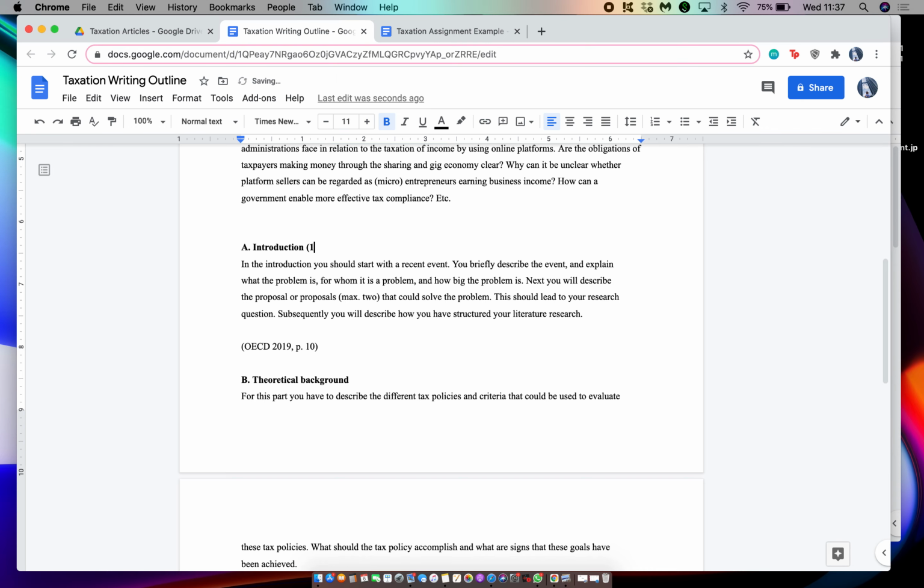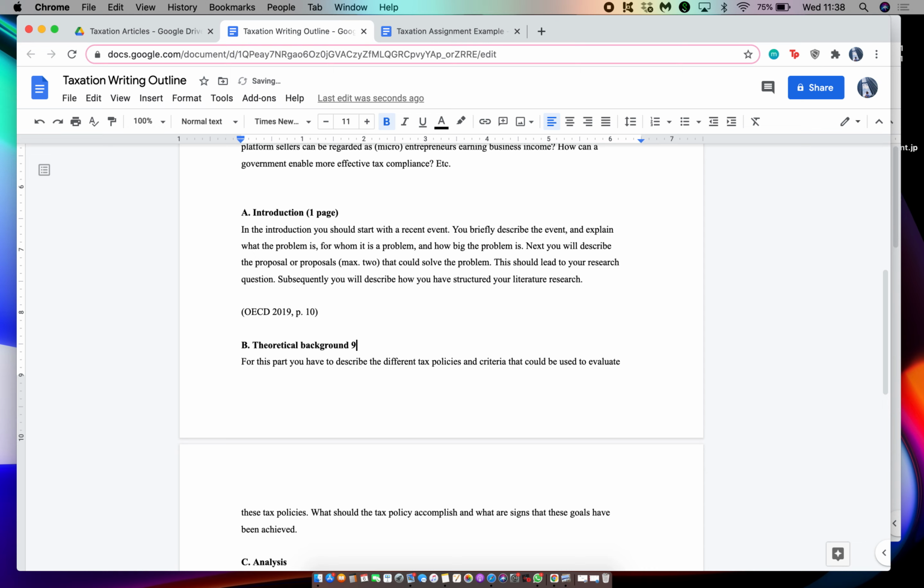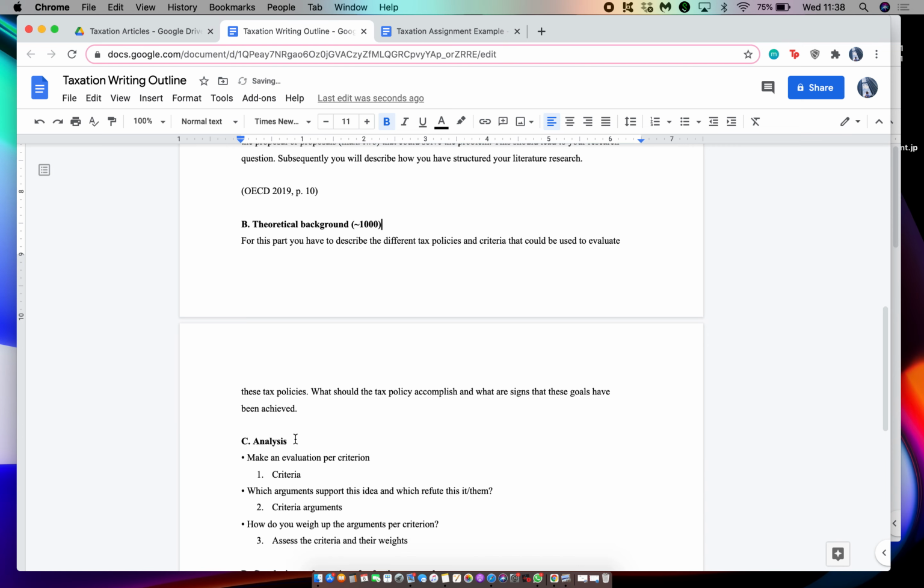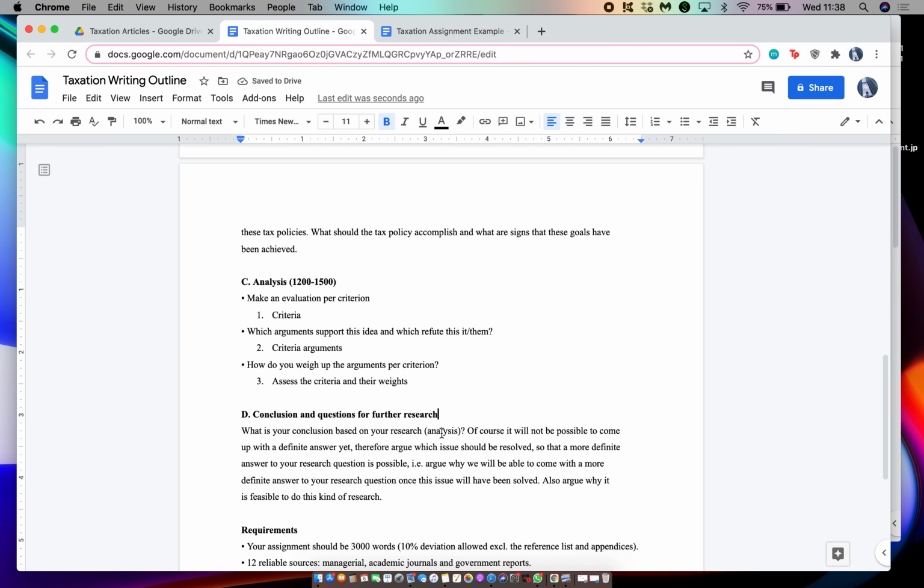So for example, the introduction should be about one page. Theoretical background should be around 1,000 words. And then your analysis should be about 1,200 to 1,500 words. And then your conclusion shouldn't really be that long.